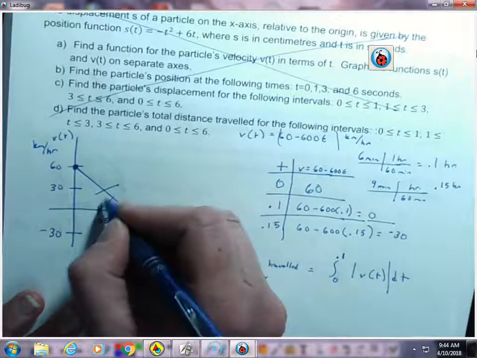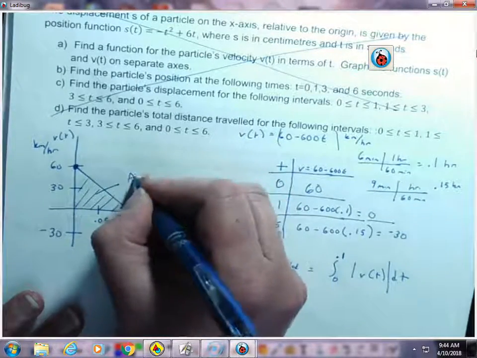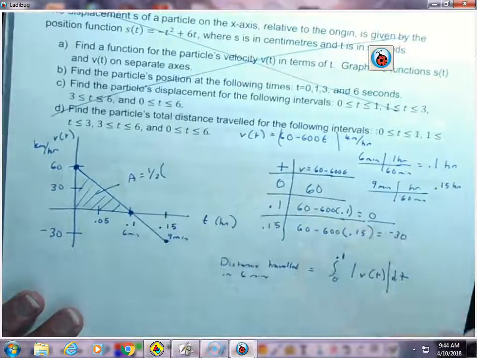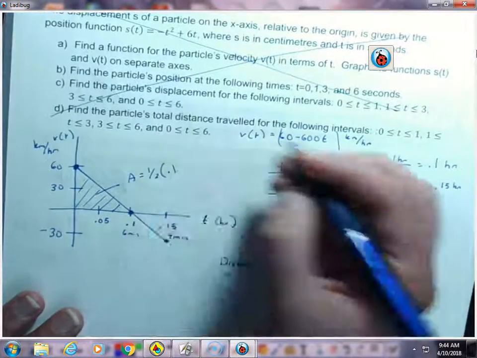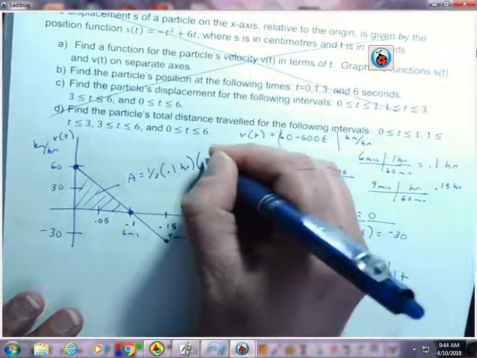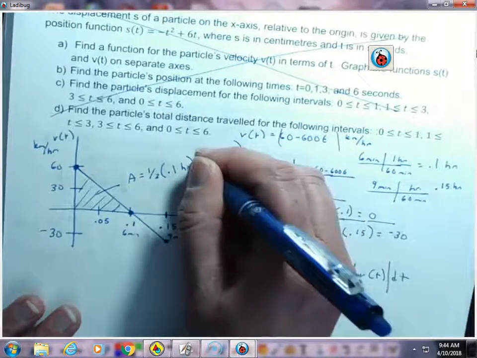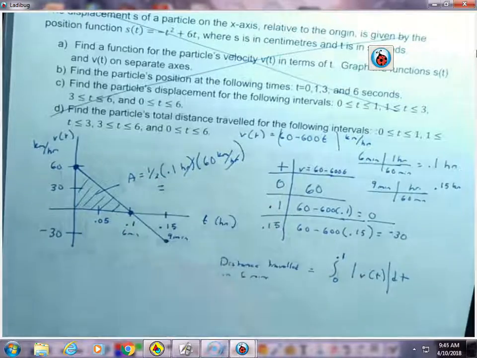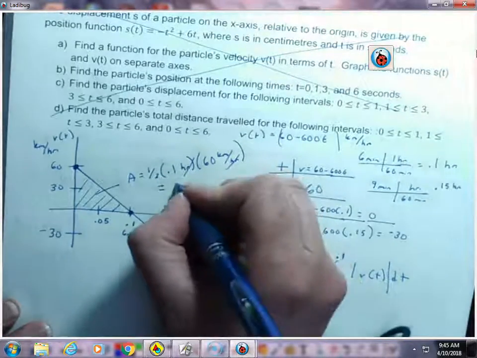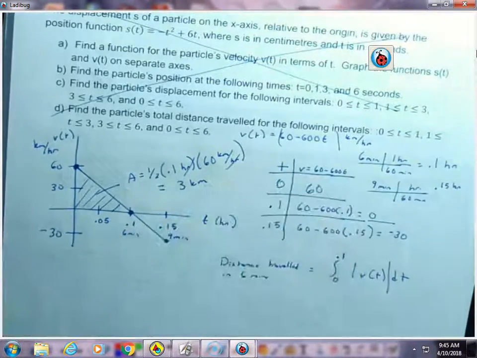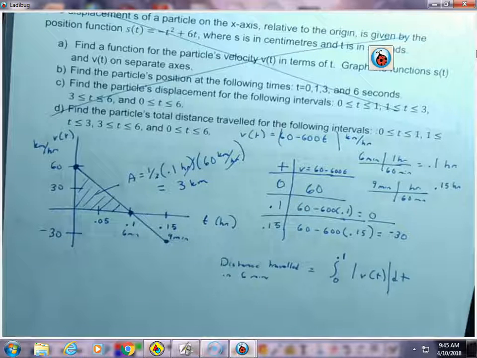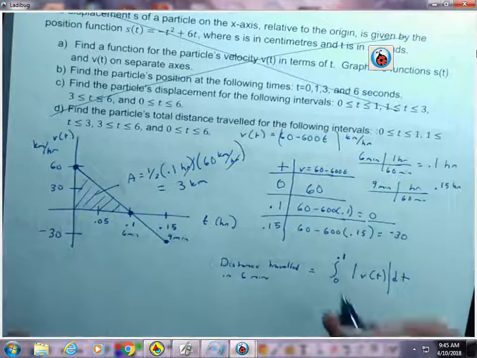Okay, so for this area, I'm going to do 1/2 the base, which is 0.1 hours, times the height, which is 60 kilometers an hour. Three. Okay. Since it's already above the x-axis, I don't have to do anything different. Okay, this is just 3.